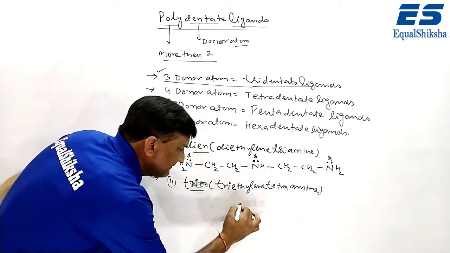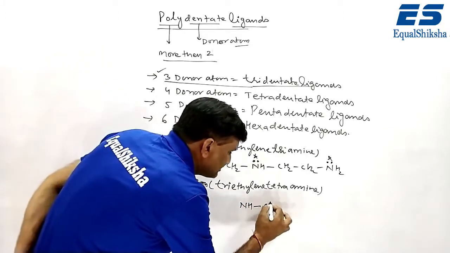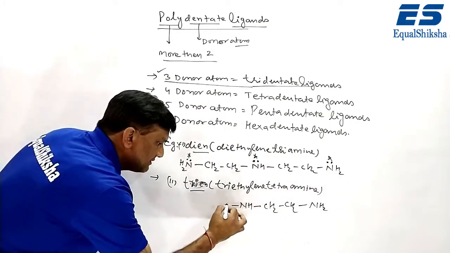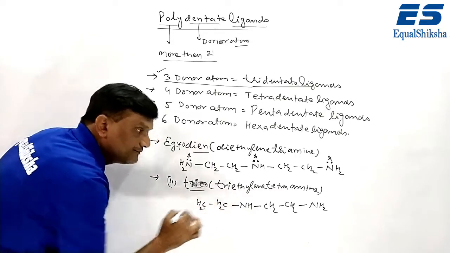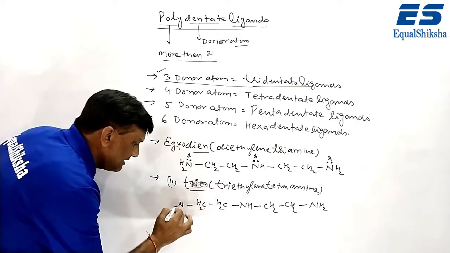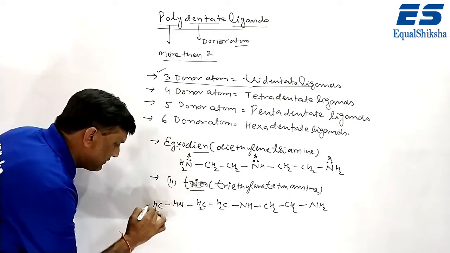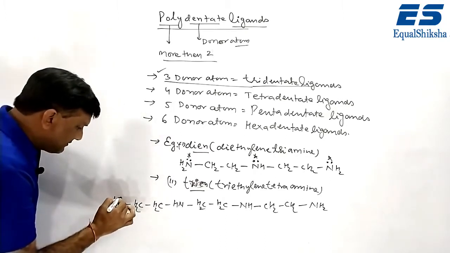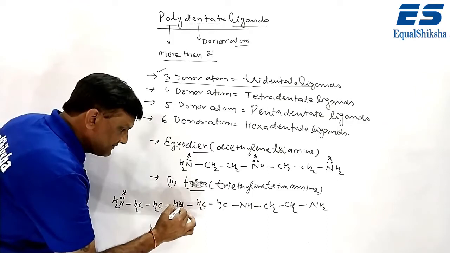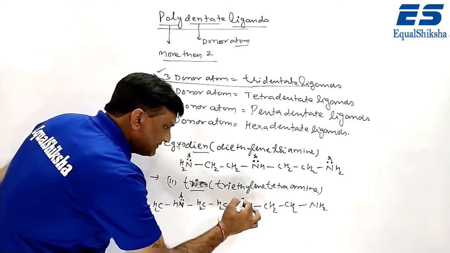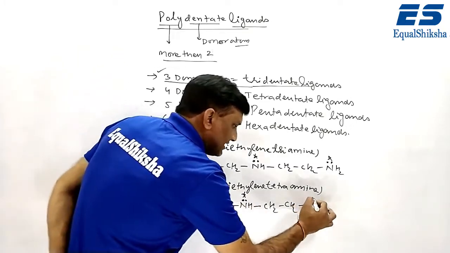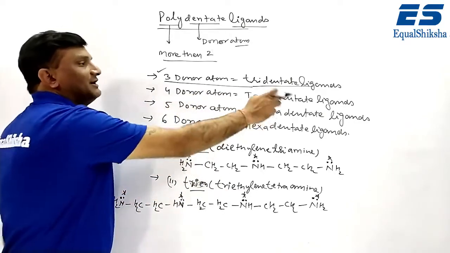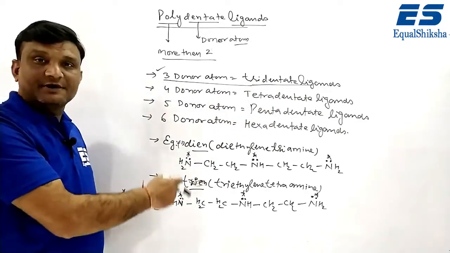The structure is NH2, CH2, CH2, NH, CH2, CH2, NH, CH2, CH2, NH2. The donor atoms are nitrogen 1, nitrogen 2, nitrogen 3, and nitrogen 4. This is a tetradentate ligand. Is that clear? Note it down.